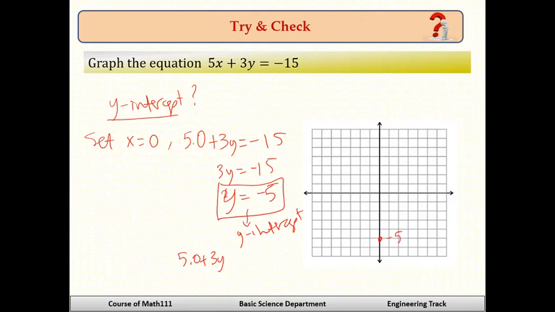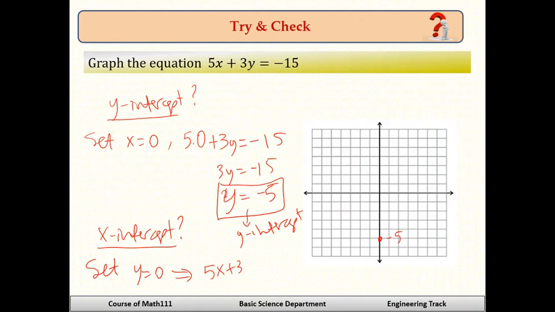Now we'll get the x-intercept. We set y equal to 0. This becomes 5x plus 3 times 0 is equal to minus 15. Then 5x equal to minus 15, and x equal to negative 3. So this is the x-intercept.